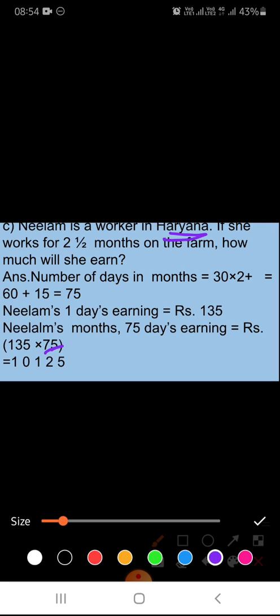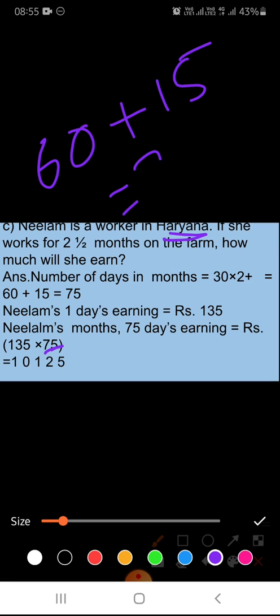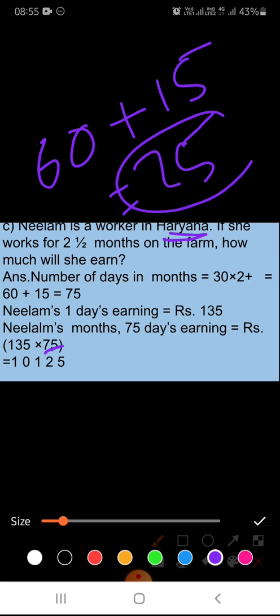First of all we will see that 2.5 months means how many days? 2 months means how many days? 30 plus 30, 60 days. And half month means 15 days. So it is 75, means she is working for 75 days.